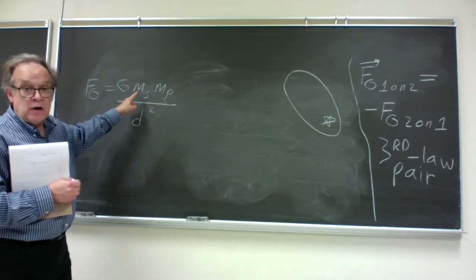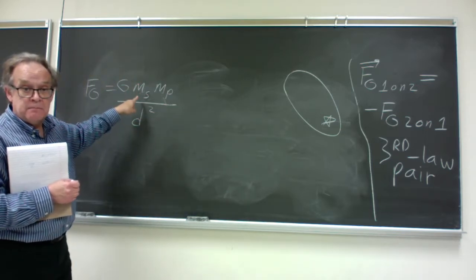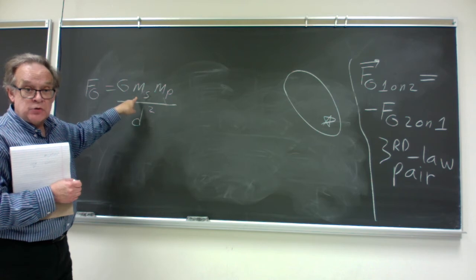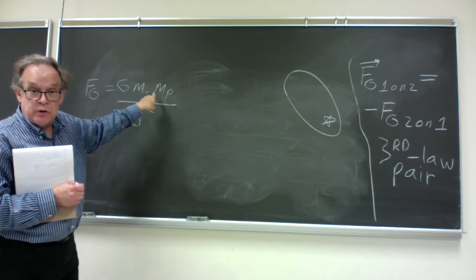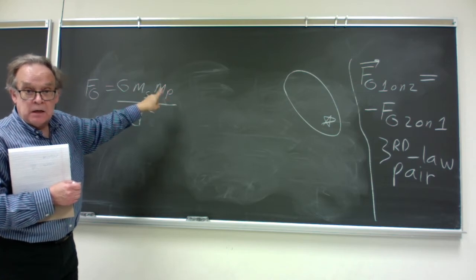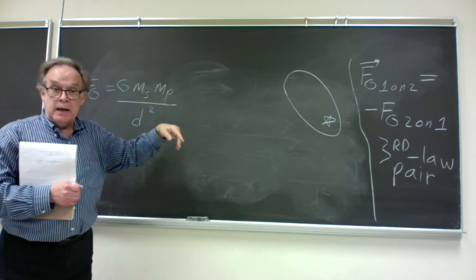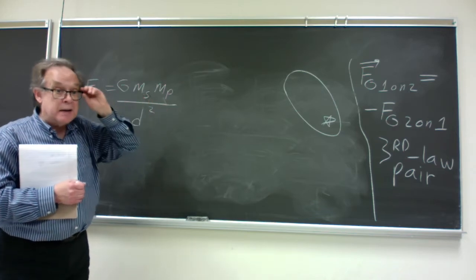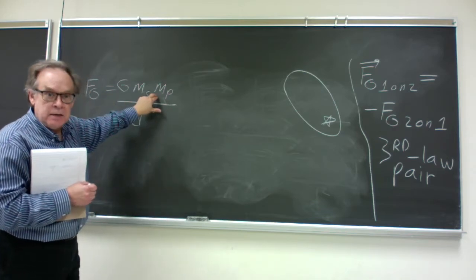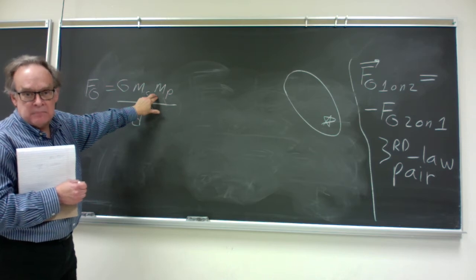In either case, the mass of the source goes in this slot, and then it's acting on a planet, so MP. Since they have roughly the same mass, we'll use an approximate model in which they both have the same mass, and we'll call that mass MP.